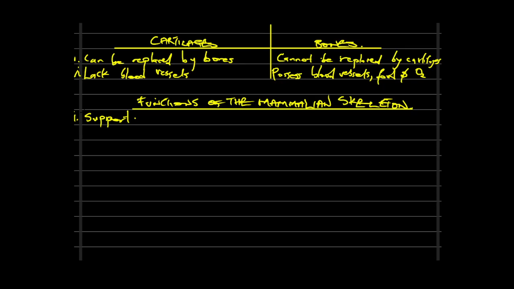It provides support to internal organs that are attached to it, like the heart, the lungs, the liver, preventing them from having contact with one another, preventing them from crushing one another. So it is responsible for the support that it gives. It is on the walls of the thoracic region of the body that the lungs are attached.